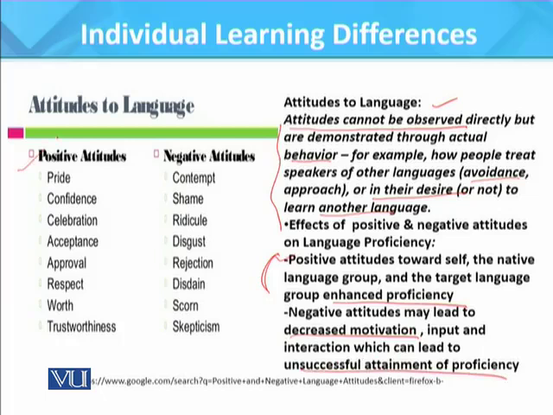A number of positive attitudes you can see are pride, confidence, acceptance, celebration, approval, respect, worth, trustworthiness, and the negative attitudes contain contempt, shame, ridiculing, disgust, rejection, disdain, scorn, skepticism. So these positive as well as negative attitudes definitely influence our attainment of language proficiency.